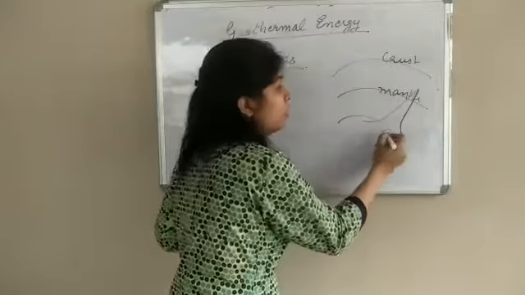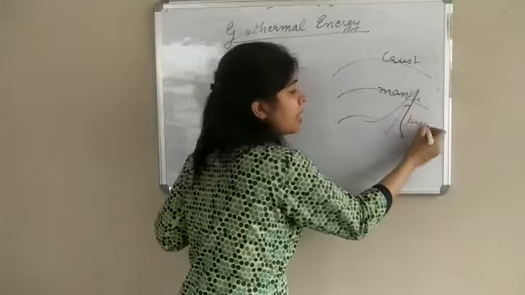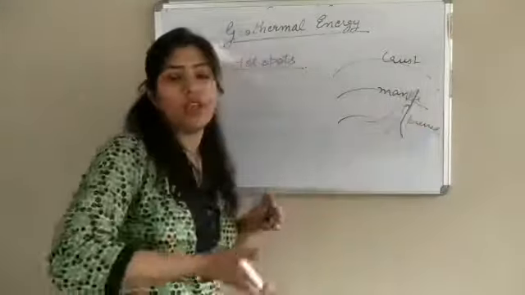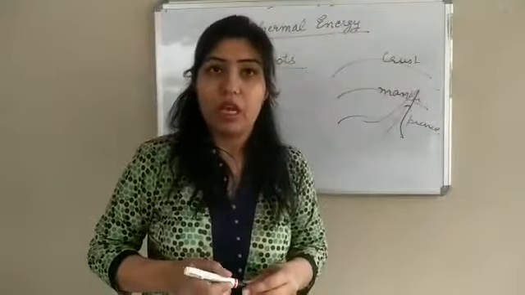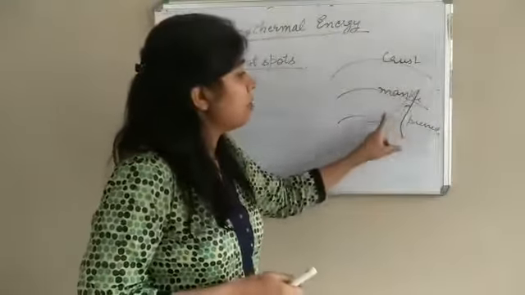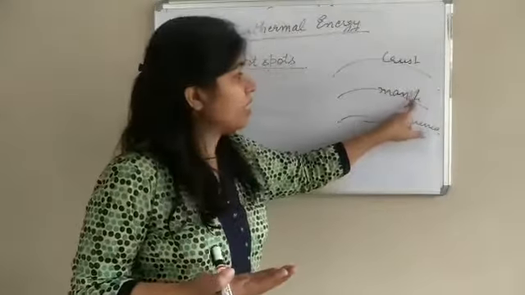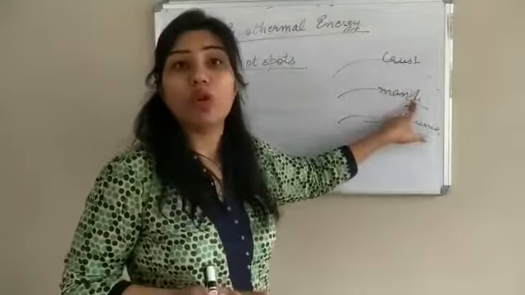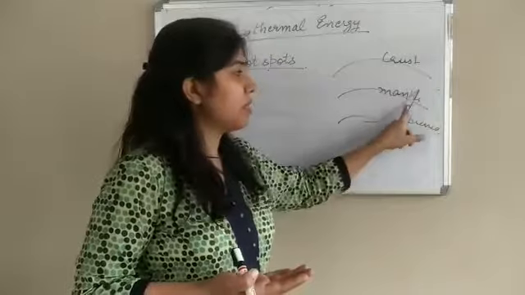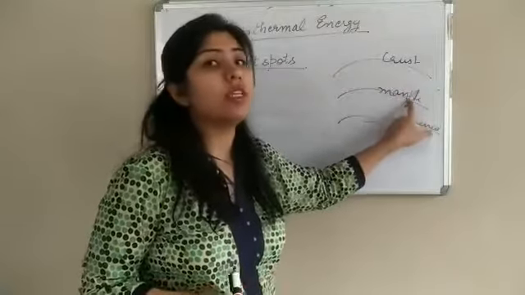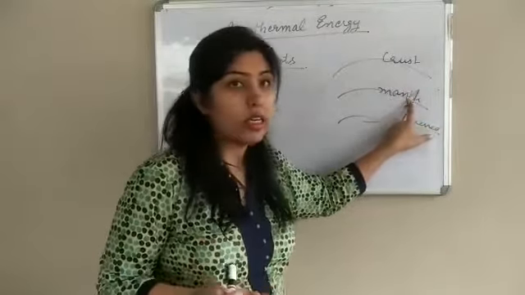So these molten materials are pressed to the surface or to the crust. Now these molten metals are at a very high temperature, right? And they reach the underground water.